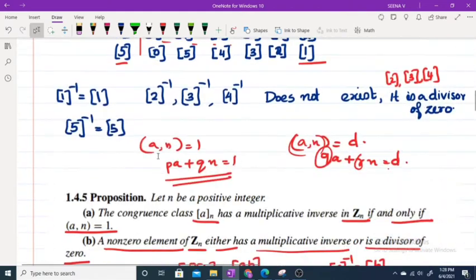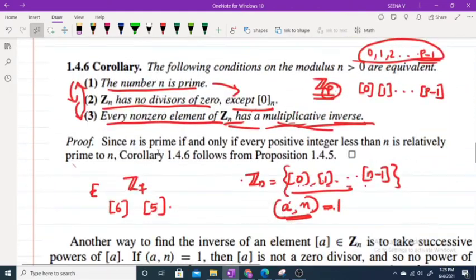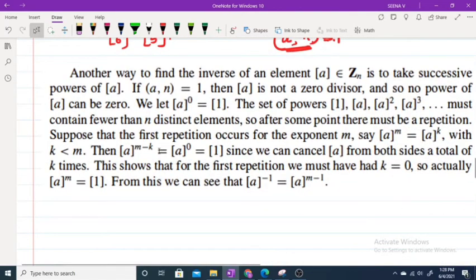So for finding an inverse, if the GCD of a and n is 1, then only the inverse exists. That means a is not a divisor of 0. A is not a divisor of 0 means if you take any power of a, it will never be 0.